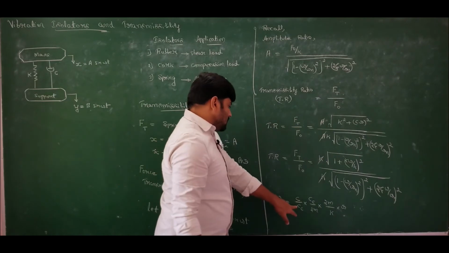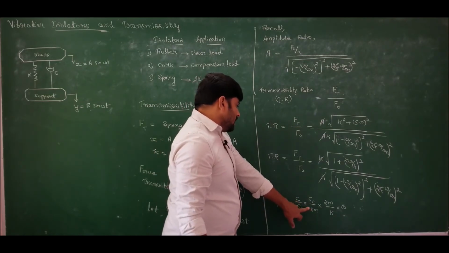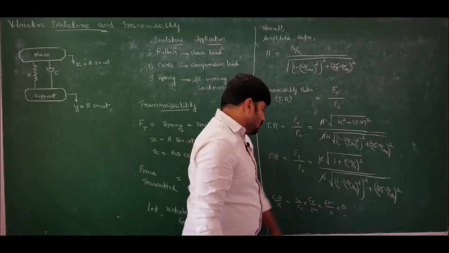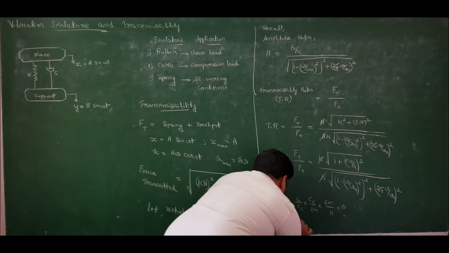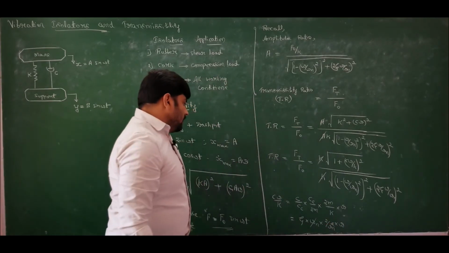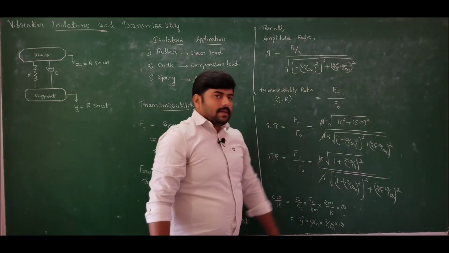So c by cc is zeta, cc by 2m is omega n, 2m by k is 1 by omega n square into omega. So this can be written as zeta into omega n into 2 by omega n square into omega. This square and this will get cancelled. Now I can write it as 2 zeta omega by omega n is the value of c omega by k.